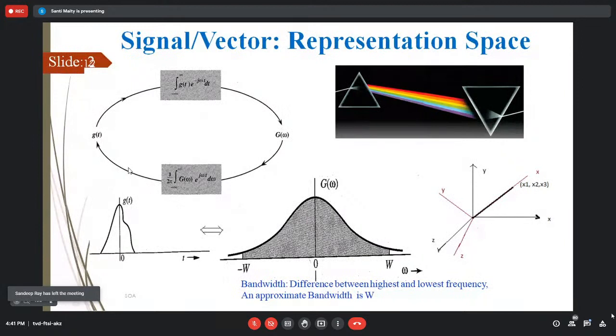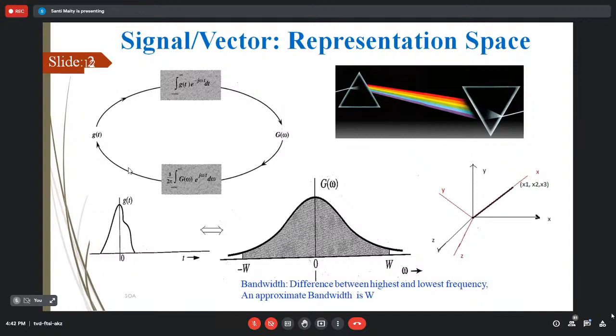As a signal, when you go for Fourier series representation, if you remember your mathematics class, you will see a periodic function, a rectangular function, can be thought of as a sum of sinusoidal functions, sine omega, sine 2 omega, cosine 2 omega, all harmonics. So sine omega, sine 2 omega, sine 3 omega, cosine 2 omega, cosine 3 omega all form a signal space. Sine and cosine are orthogonal, because if we take the inner product over a time period, it will yield 0.